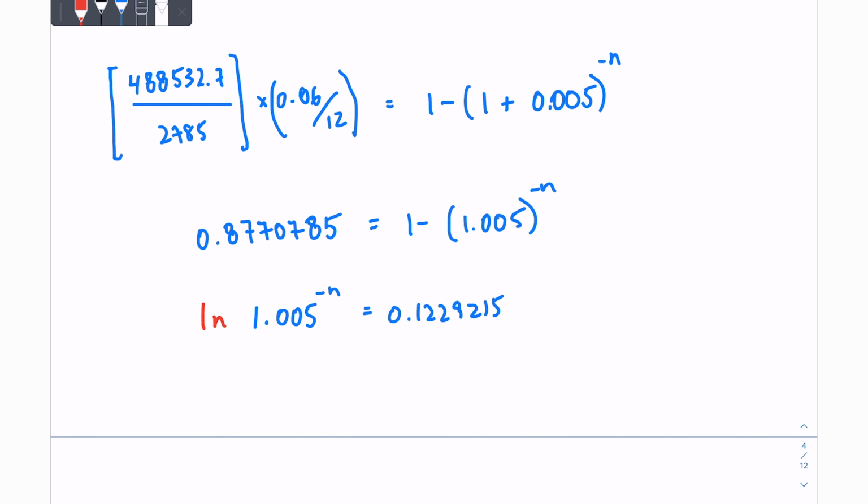So we'll put a log on each side, and that will allow me to carry down this exponent. So negative n times the log of 1.005 equals the log of 0.1229215.